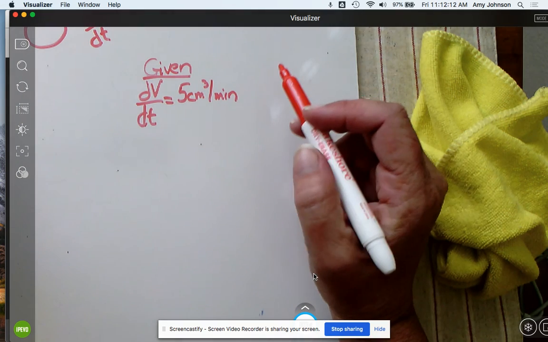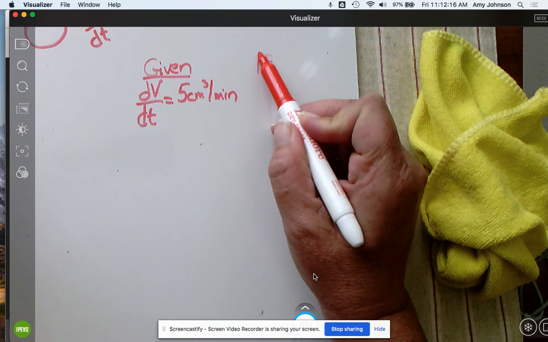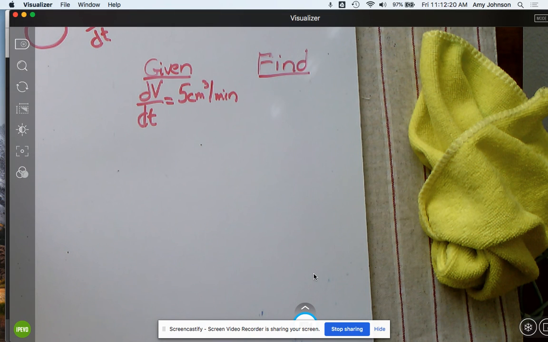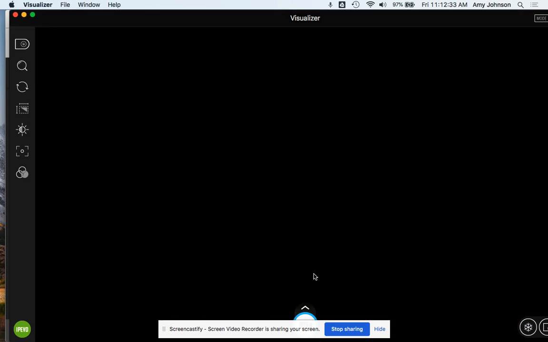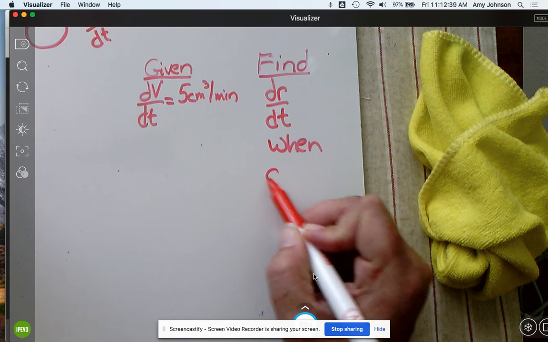And then you're supposed to write what it is that you're supposed to find, and at what time you're supposed to find it. The problem is asking at what rate is the radius increasing. So we're supposed to find dr/dt when the diameter is 20.